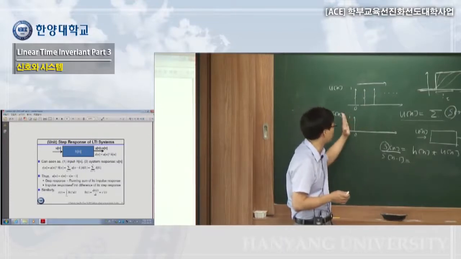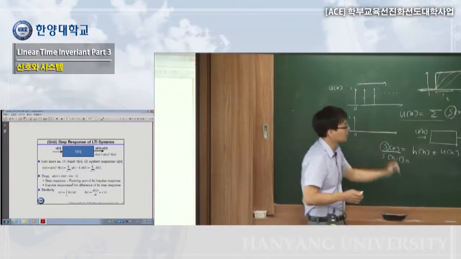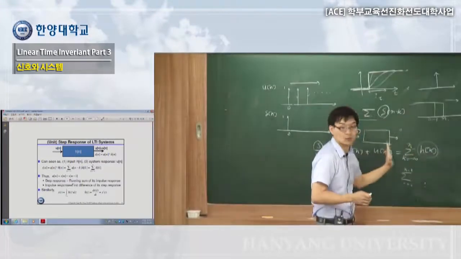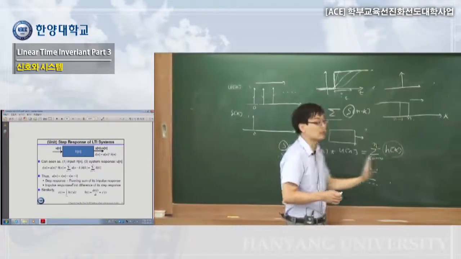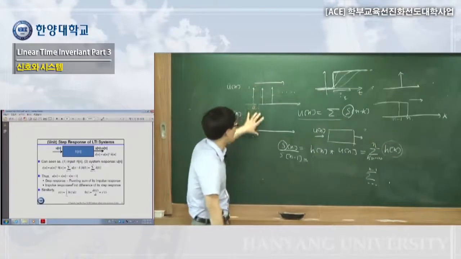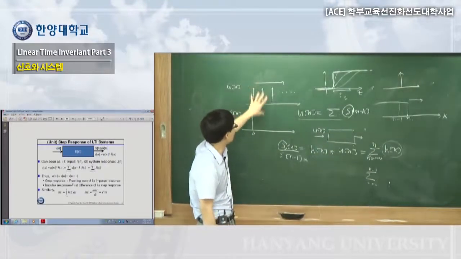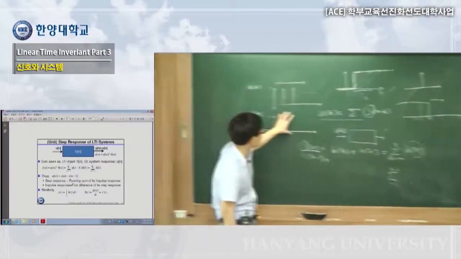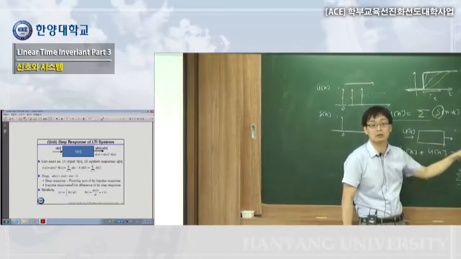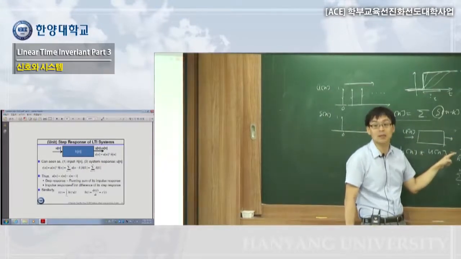So if you apply time-shifted versions of delta, then you can see in here there are time-shifted versions of delta, right? And because u is a summation of time-shifted versions of delta, we add them together. So physically, it also makes sense.